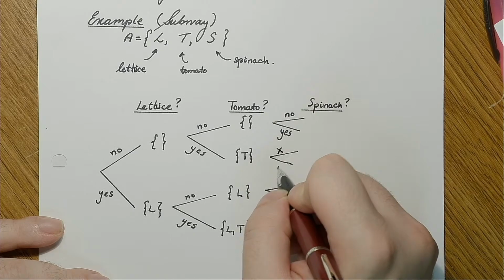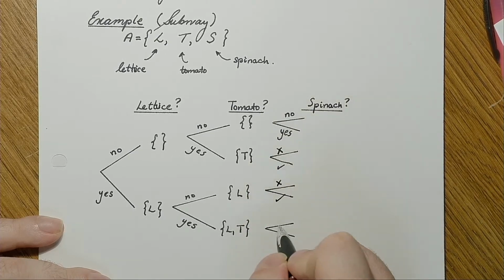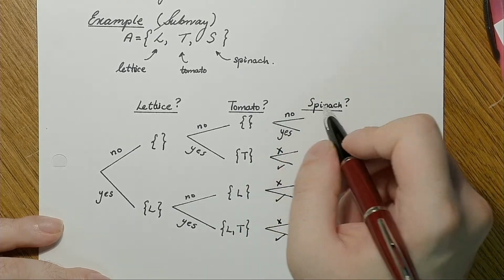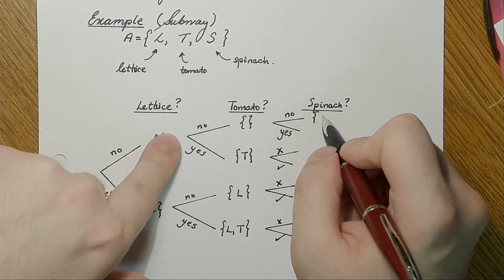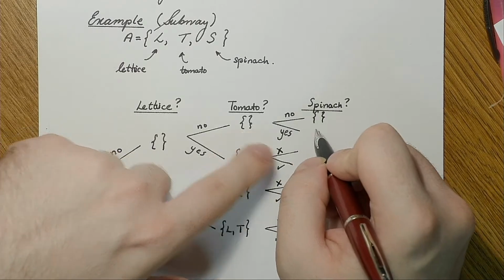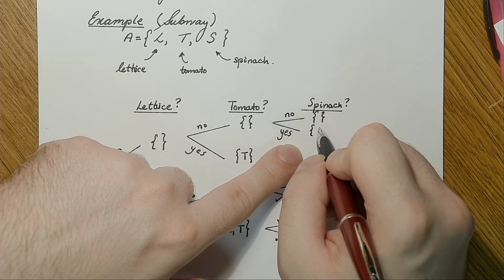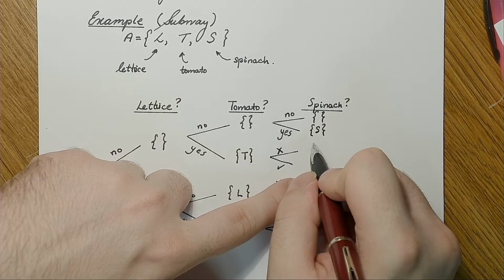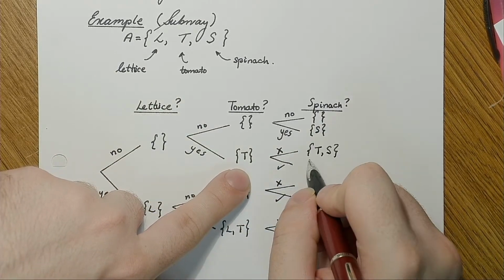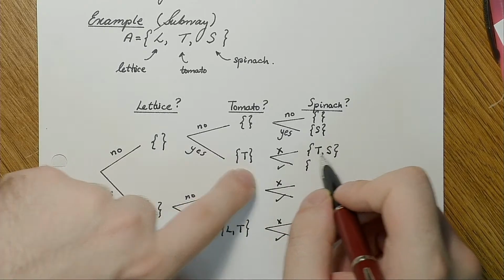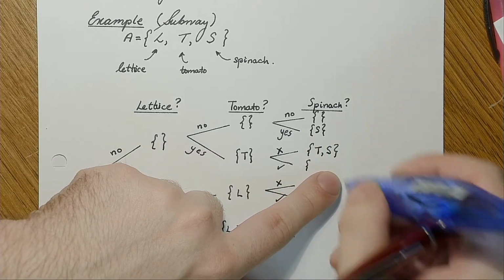I'm just writing X, check. So, no spinach, so there's nothing for the lettuce, the tomato, nothing. Yes, so I have tomato and spinach. Oh no, I said no for that one, so there's nothing for this.